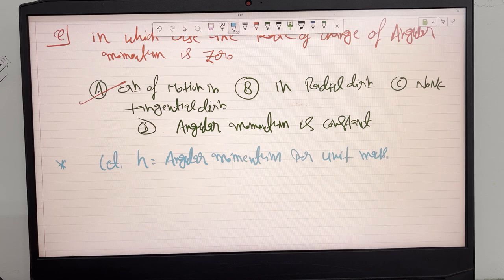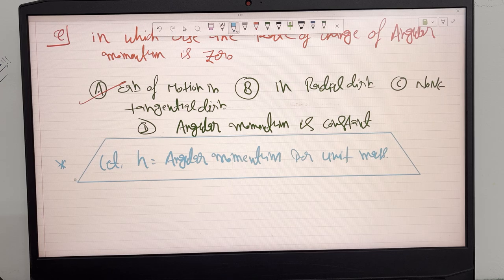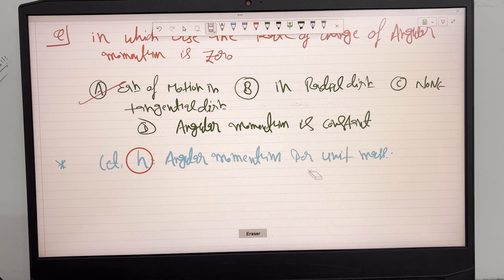This is one of the notations we are going to use throughout this chapter: angular momentum per unit mass is denoted as H. So basically it is also a constant, right? Because it is also a constant.